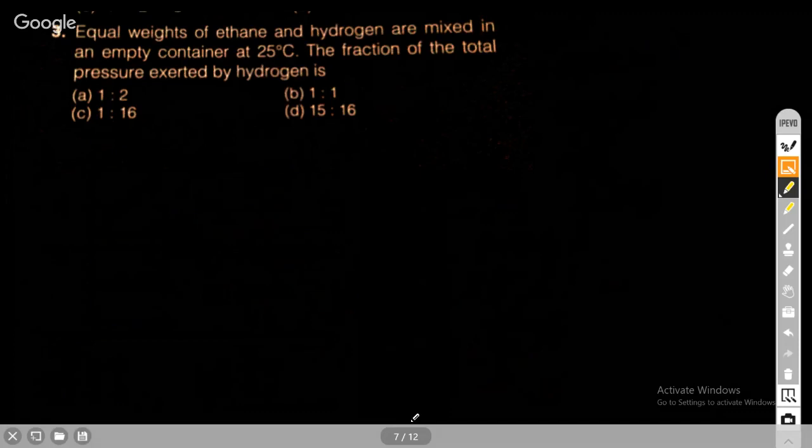The fraction of total pressure means we have to find out the partial pressure.